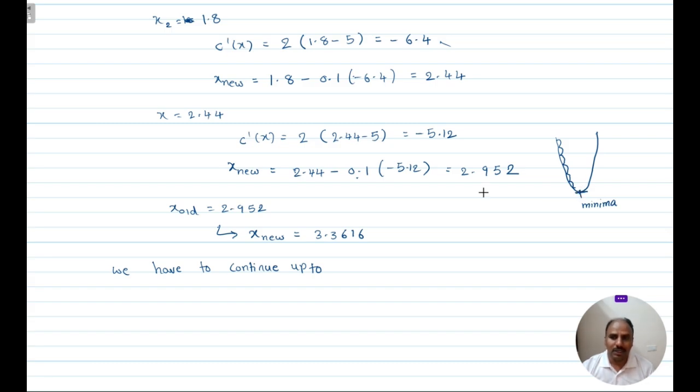Now in case I place a very high learning rate, like alpha equal to 0.5, then the jump is very rapid because the convergence rate is very high, so it will jump like this also.